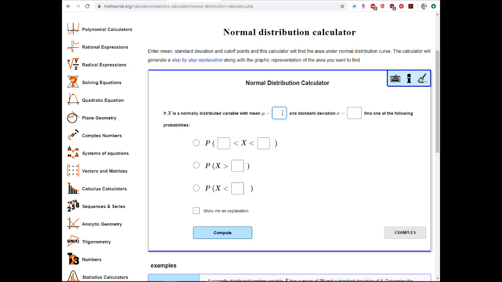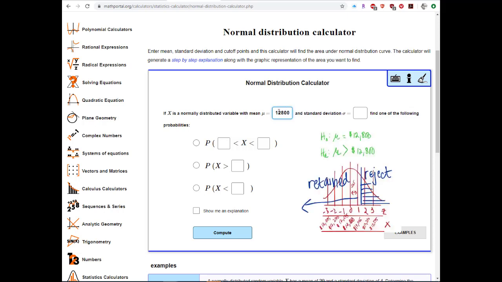So in the population mean, I need to put in 12,800. If you recall, when we made our model, that was the number that matched up with a 0 z-score. Now for the standard deviation, we're going to use the standard error that we calculated, which was 265.40.